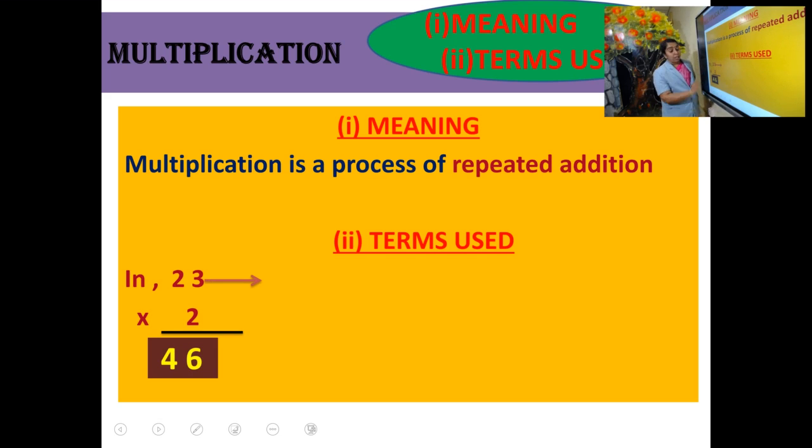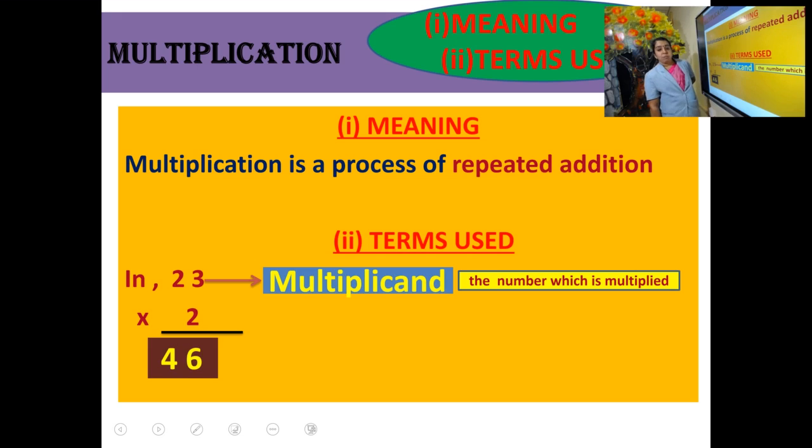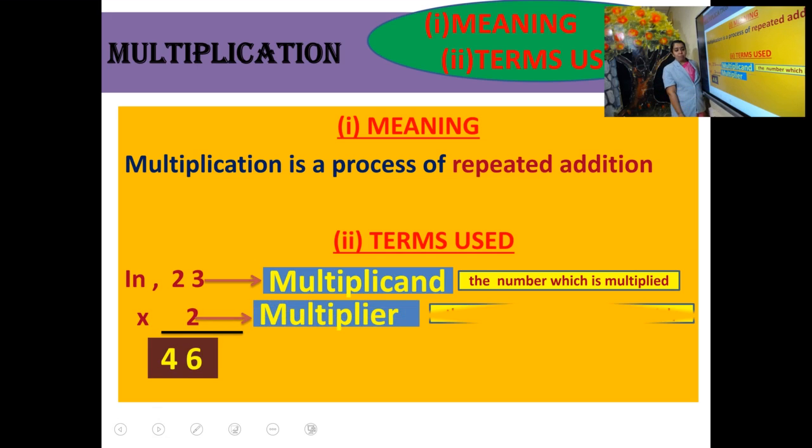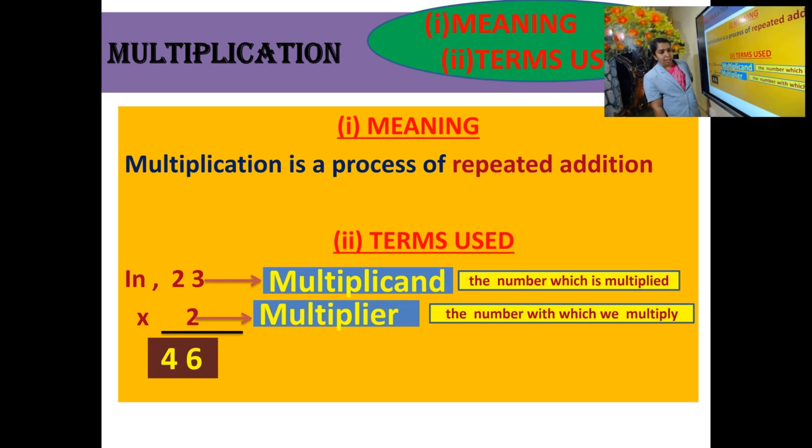The first number is known as the multiplicand, that is the number which is multiplied. The second number, 2, is known as the multiplier, the number by which we multiply. Then 46 is the answer, and the answer is known as the product.